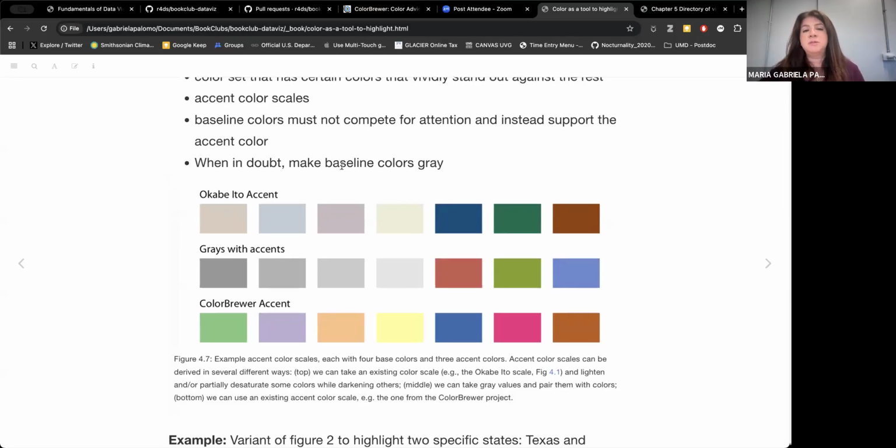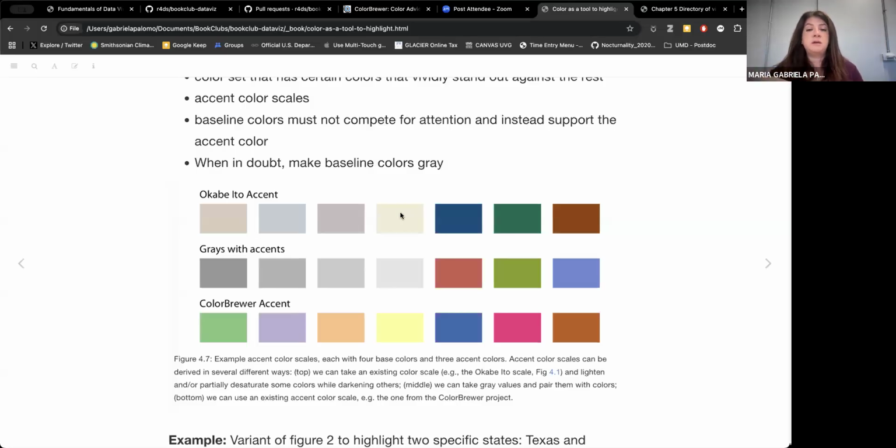And the baseline colors must not compete for attention, but instead support the accent color. So you can also see that the baseline colors, which are these initial 4 colors, really do not stand out in comparison to the rest.